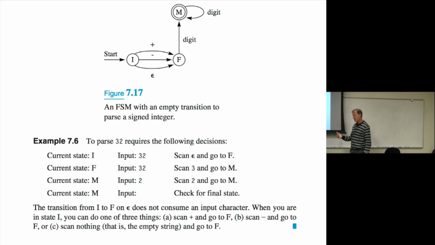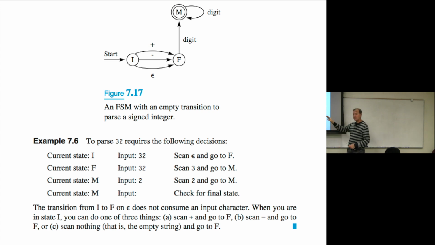It can take anything. What does it look like you can do? Whatever's not there. What you can do is make the transition on the empty token and not scan anything. Normally when you make a transition, you scan a letter.